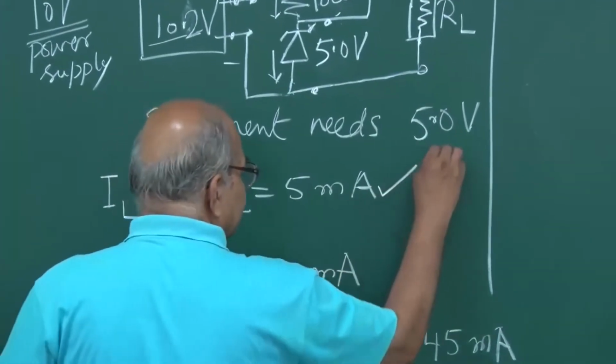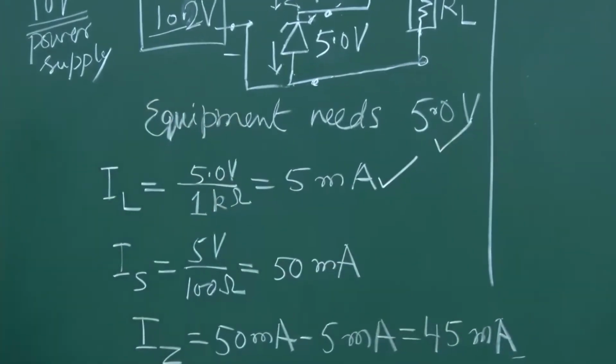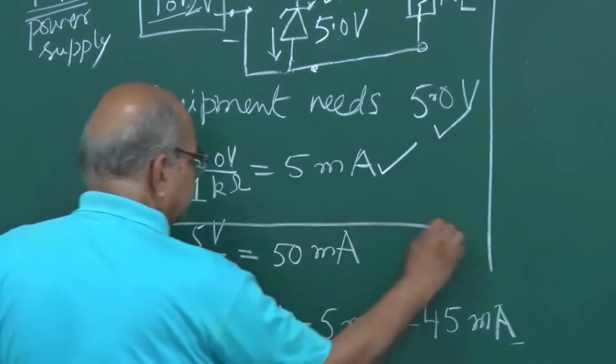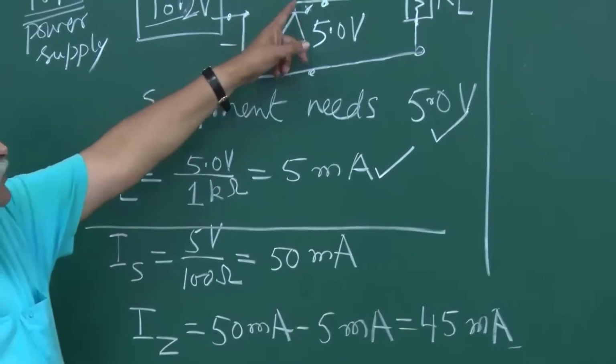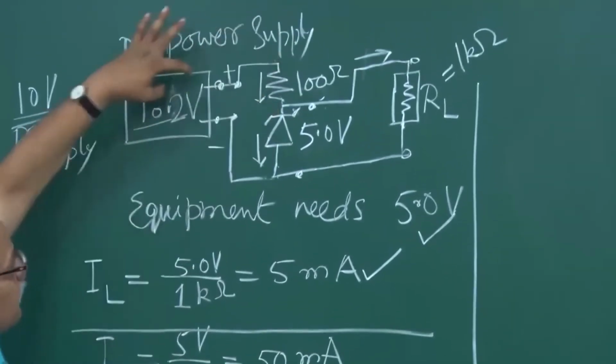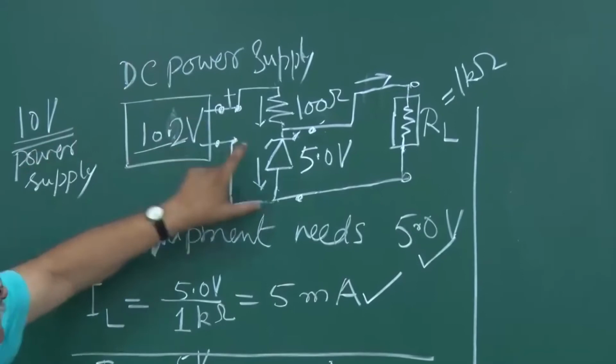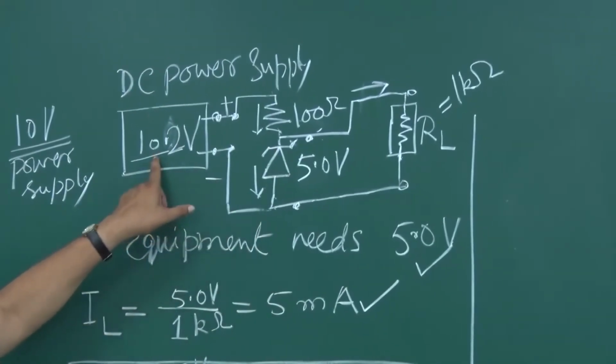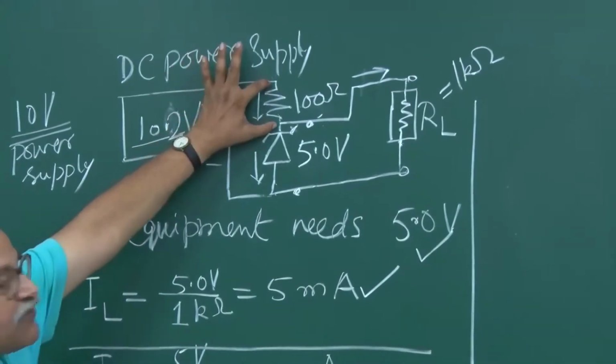Up to here everything is fine. There will be a change in IS. How much is the voltage here? This is 10.2. Out of this 5.0 is here, so what is left? It is 5.2.